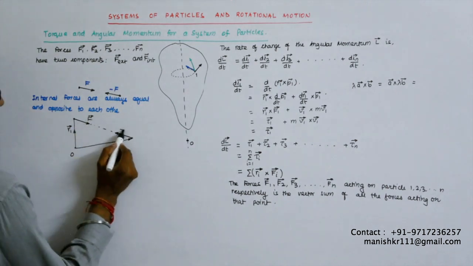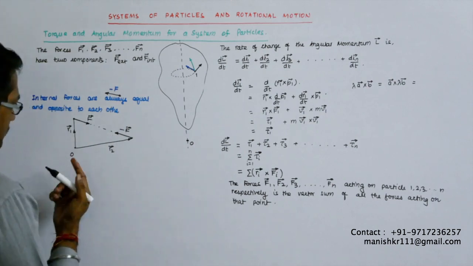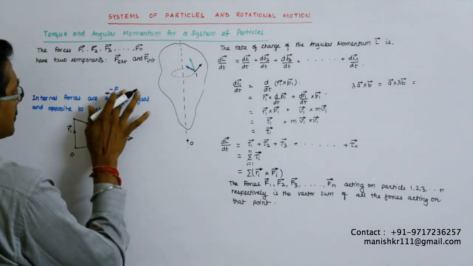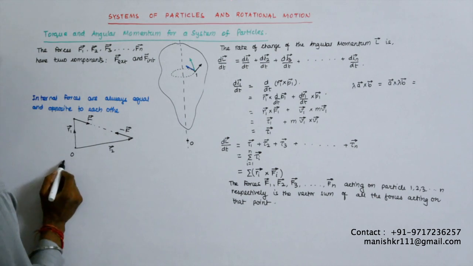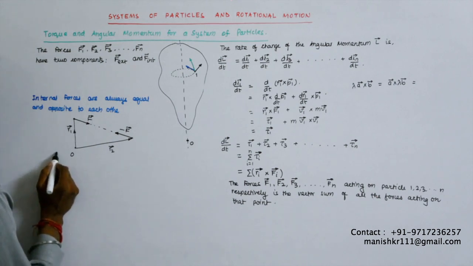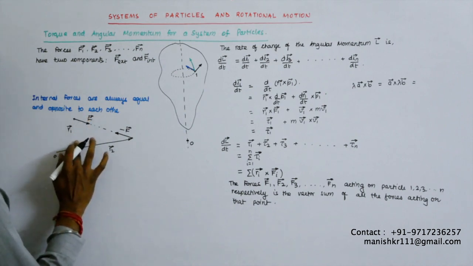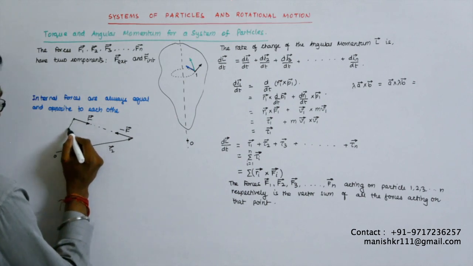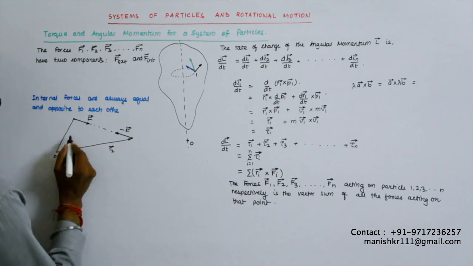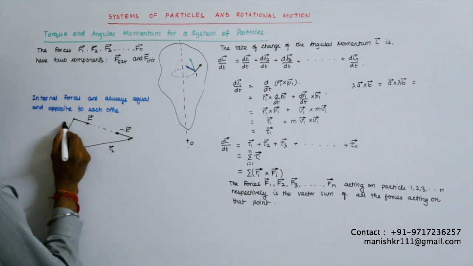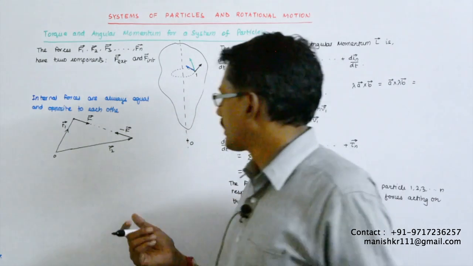This is F, this is minus F. No, they are not perpendicular. I never said that. They look perpendicular, but they are not. It could be anything. Let this be the origin. Not necessarily perpendicular; for some pair of particles they could be, but not always.